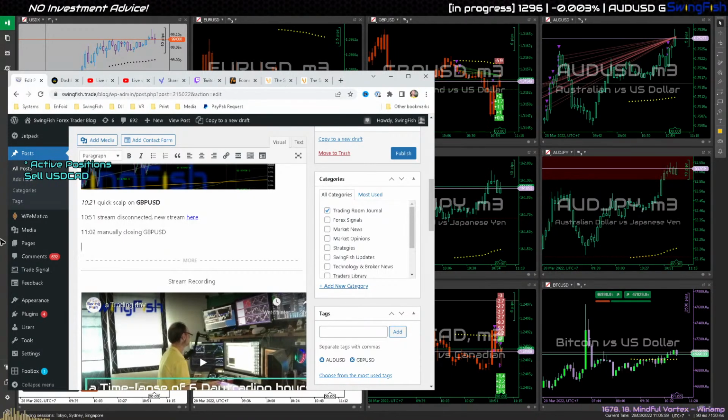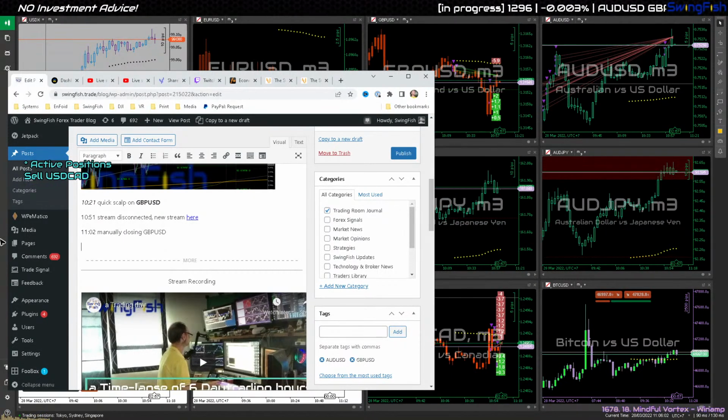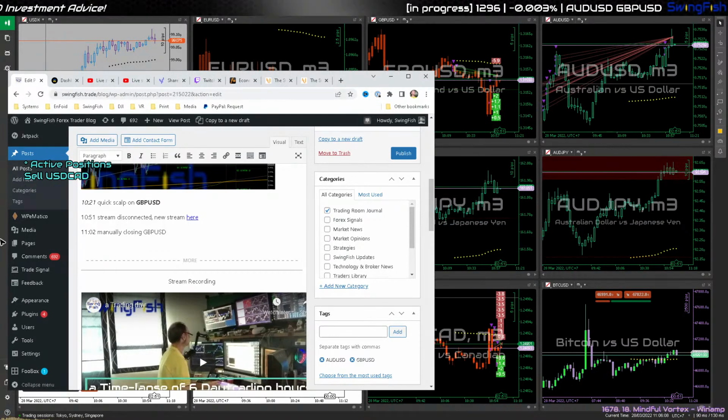That's alright, got plenty more opportunities this week. Wow, it's a big pullback in Aussie dollar. It was like 4 pips in 1 tick.